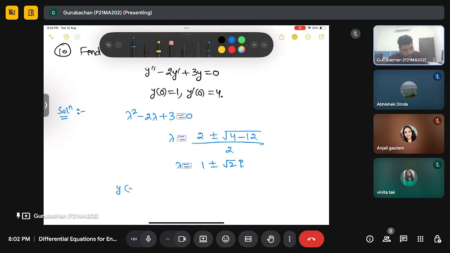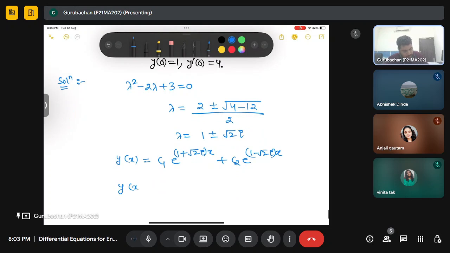So our y of x will be c1 e to the power 1 plus under root 2 i times x, plus c2 e to the power 1 minus under root 2 i times x. If you rewrite it, it will be e to the power x, c1 times e to the power under root 2 i x, which is nothing but cos under root 2 x plus i times sine under root 2 x.